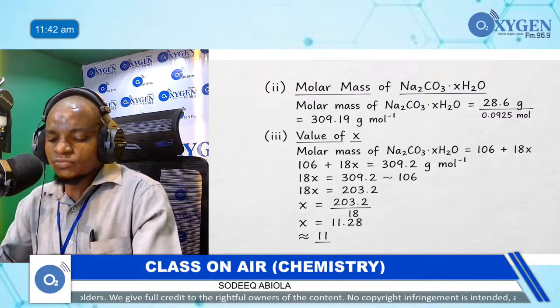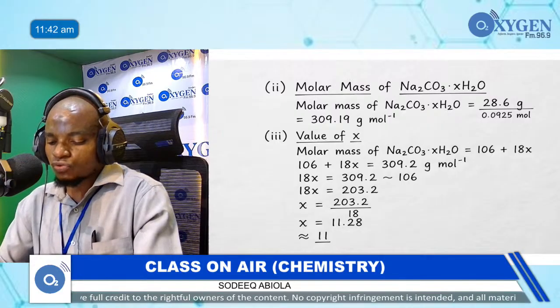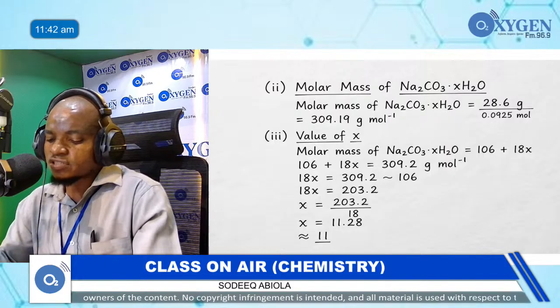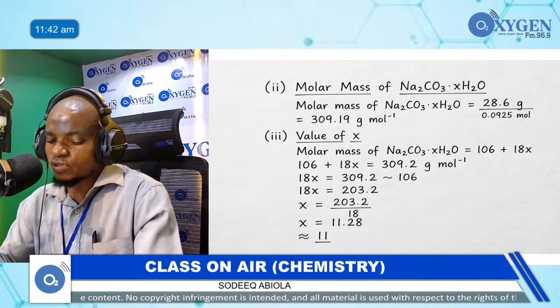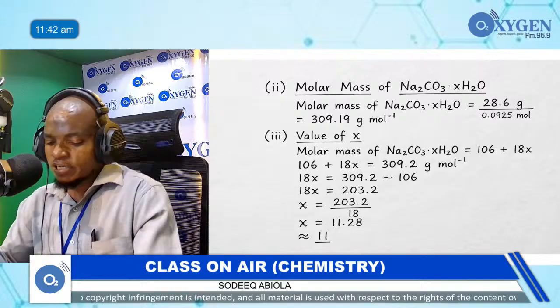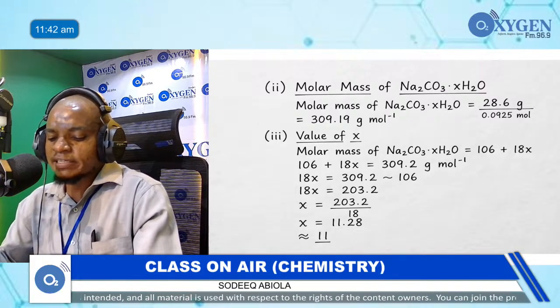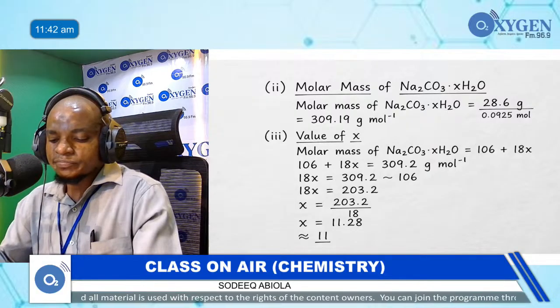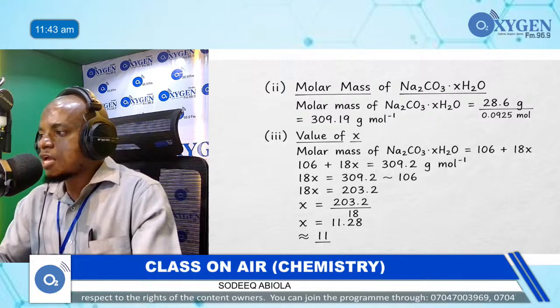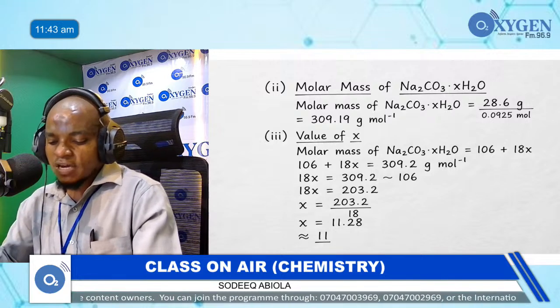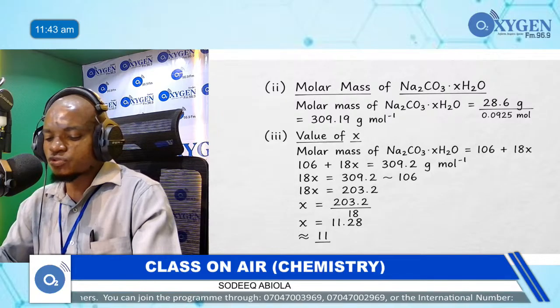From the calculations we have done in Roman figure 2, we said the molar mass of our Na2CO3.xH2O, the calculated value, is 309.19 gram per mole. If we approximate it, we can have our molar mass to be 106 plus 18x equals the calculated value in Roman figure 2, which is 309.2.